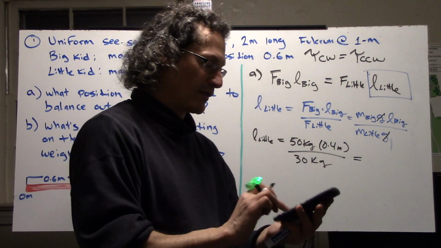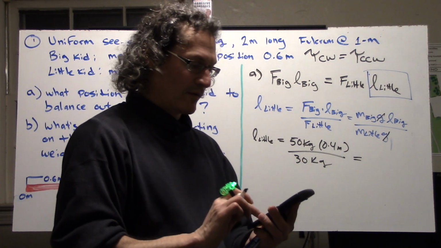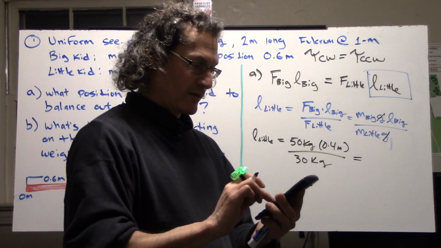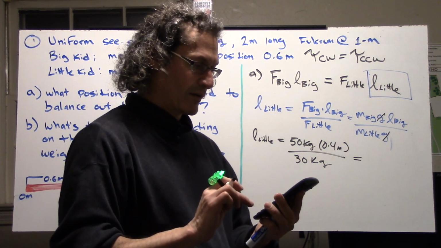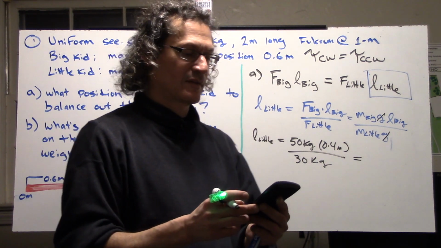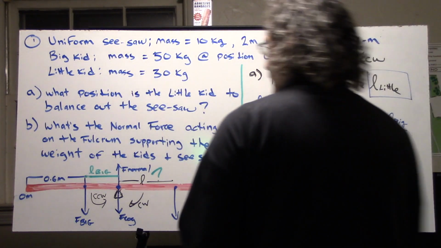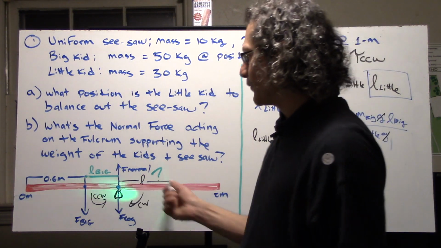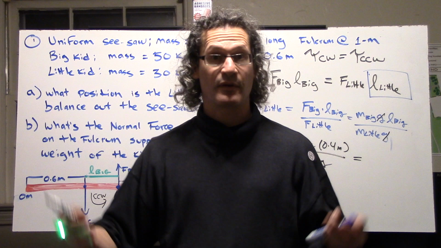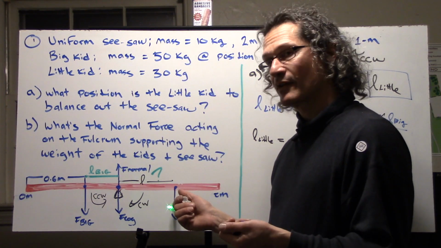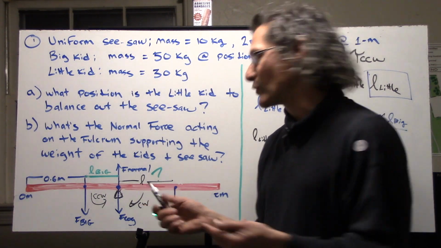So we got 50 times 0.4 divided by 30. And I get 0.67 meters. And that would be over here. So what that says is he's going to be further away from the fulcrum than the big guy. And that makes sense, because what we know about torque is that if you're less weight, you need to move further away to equalize the torque.